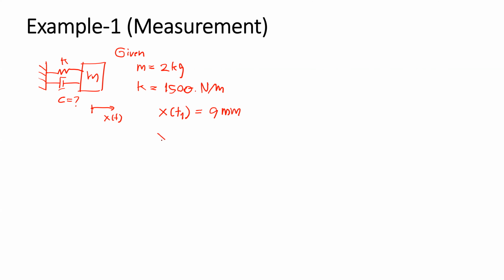And when 1 period has passed, t2 equals t1 plus a period, the magnitude of the vibration changed to 1 millimeter. The problem gives this information.